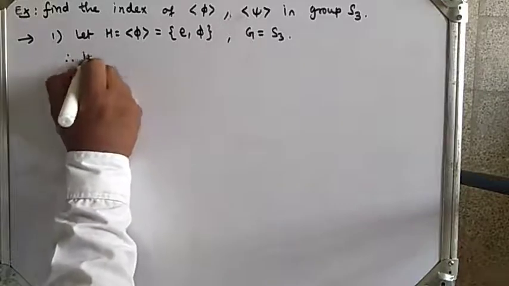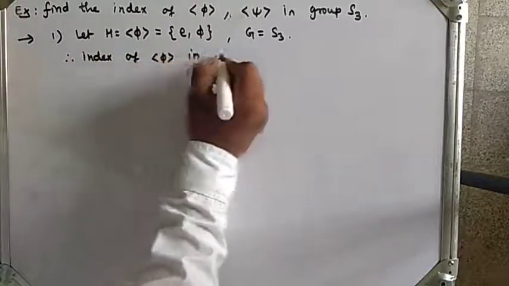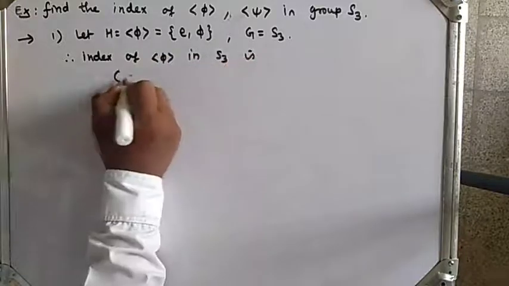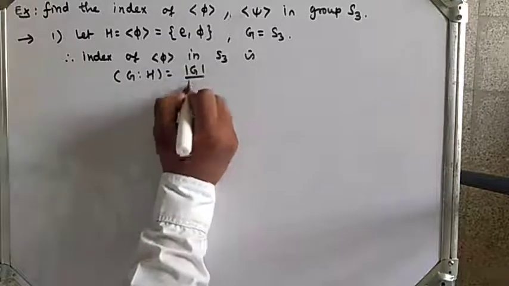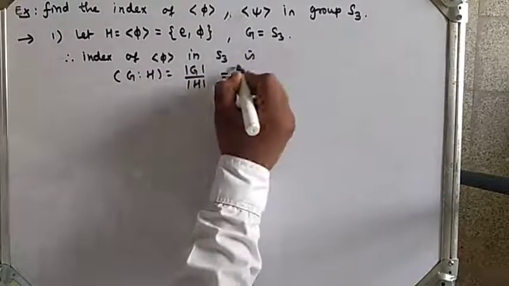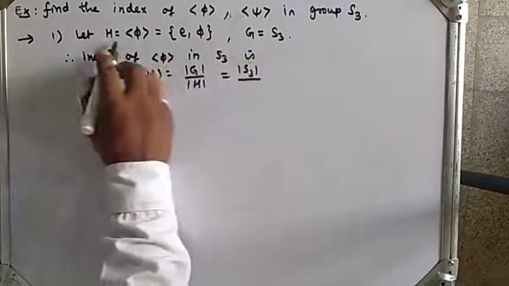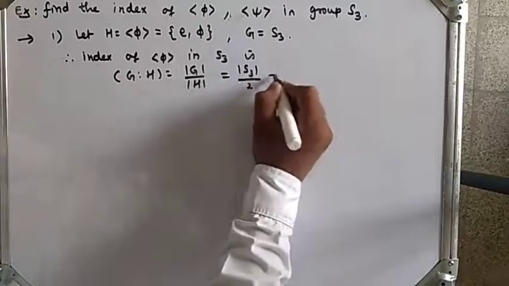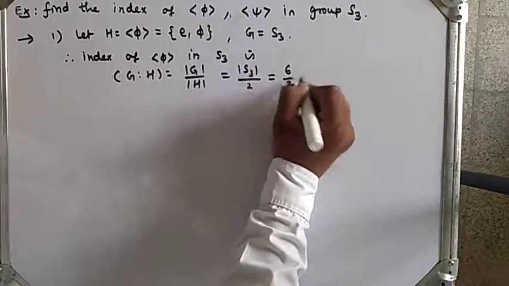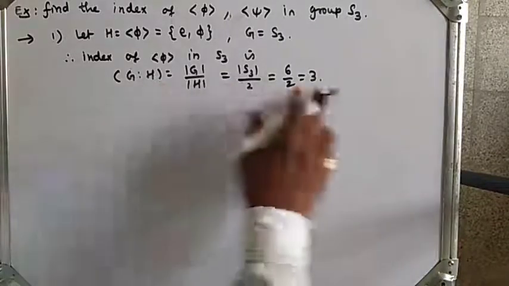Therefore index of H in G is order of G upon order of H, which is order of S3 upon order of H. Order of S3 is 6 upon 2, which will be 3. So there are total 3 cosets. So index of H in G will be 3 here.